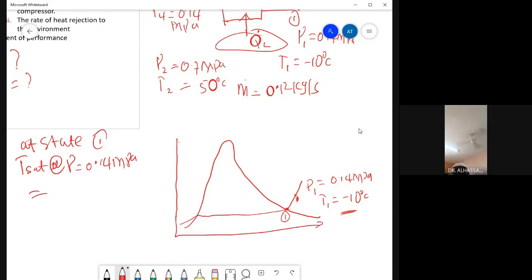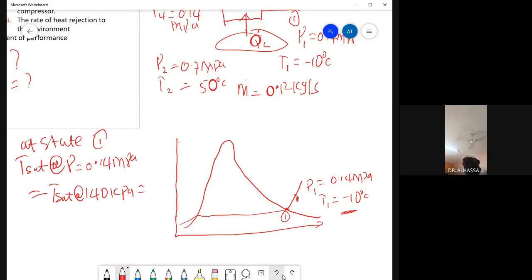Can anybody help us with this? The pressure will be 140 kilopascal. So T saturation at 140 kilopascal, what will be the value?